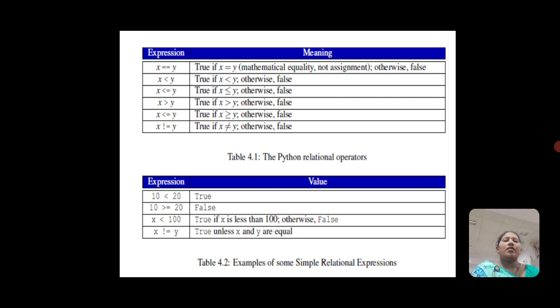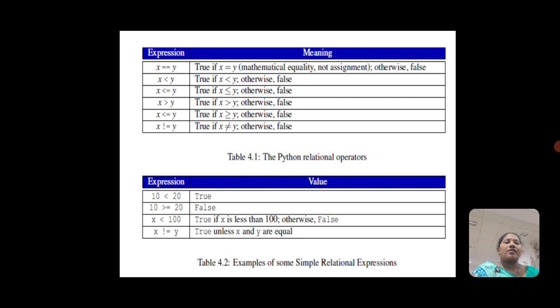For example, is 10 less than 20? Yes, so it will return true as a Boolean. If you have 10 greater than or equal to 20, is 10 greater than or equal to 20? No, so it will return false.